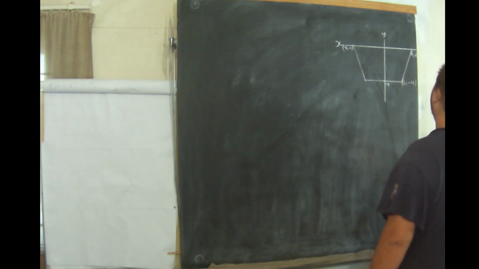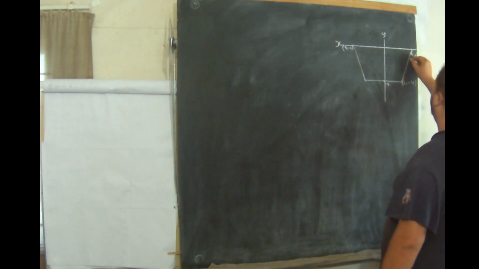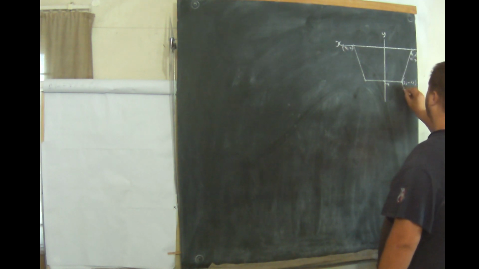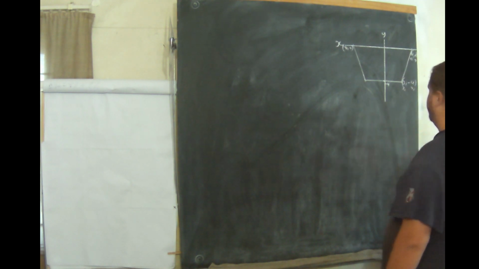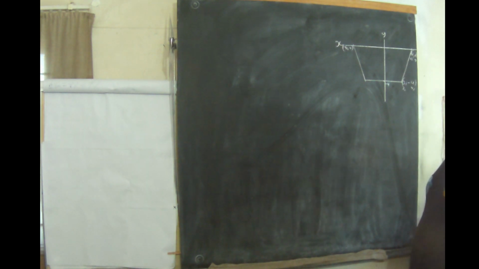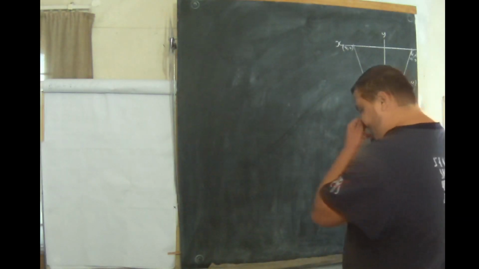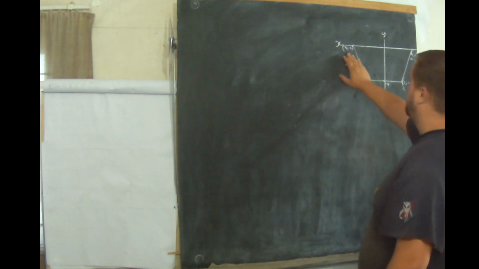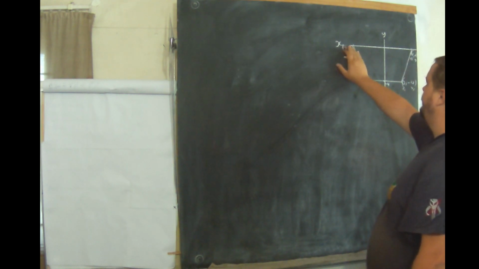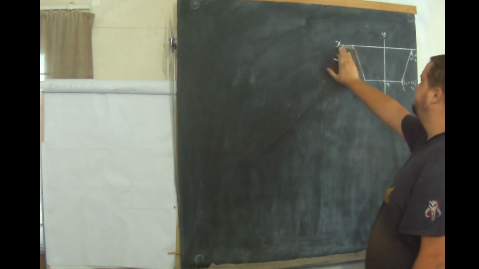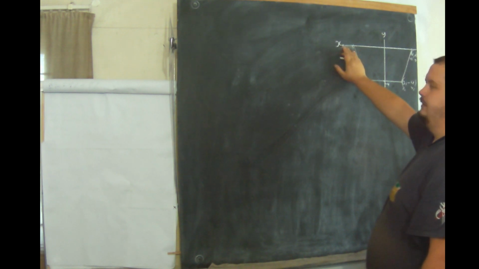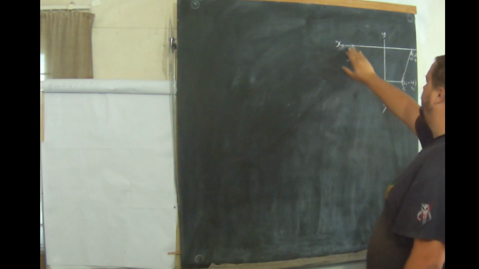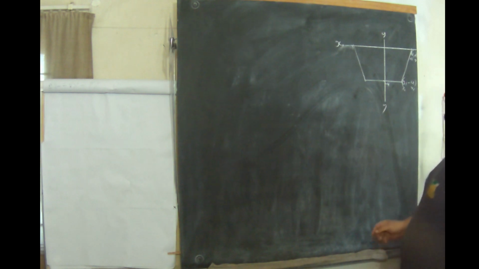Okay, so this is x1, y1, x2, y2. Okay, the reason I'm not writing in these coordinates is they don't matter. You can put them in if you want, but really these coordinates do not matter, because we're trying to have as many positive integers as possible.